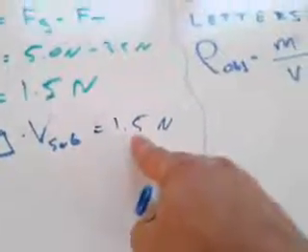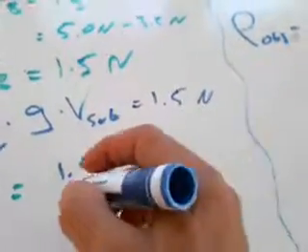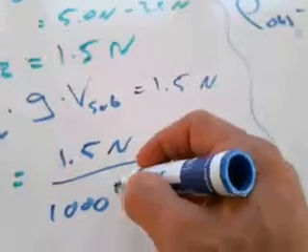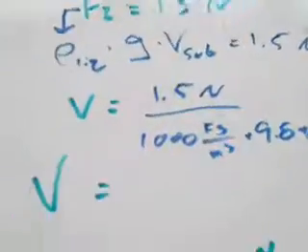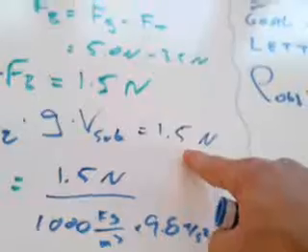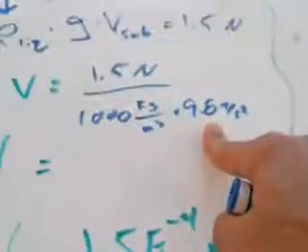So the volume in this case is 1.5 newtons divided by the density of the liquid times g, which is 1,000 kilograms per cubic meter times 9.8 meters per second squared. All right, so the volume again is that divided by rho g. Rho is 1,000, g is 9.8.